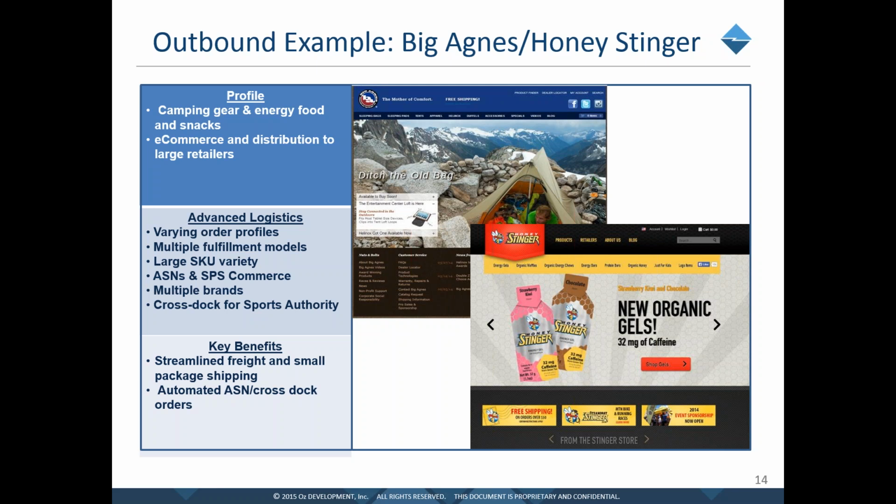And one of the reasons that they're different is something that John mentioned a minute ago, that pre-pack concept. So take, for example, the Honey Stinger energy gels. One of their big customers that they were bringing on board was Sports Authority. And Sports Authority had requirements for what those packages needed to look like.